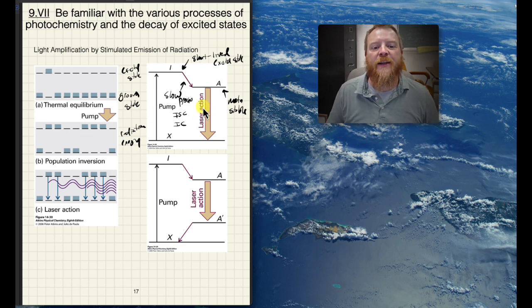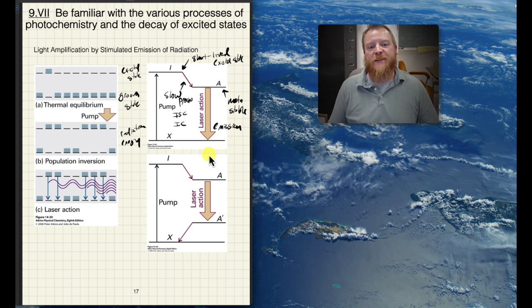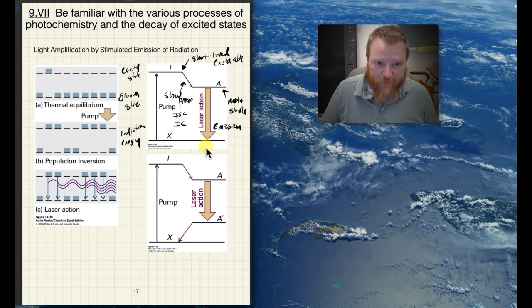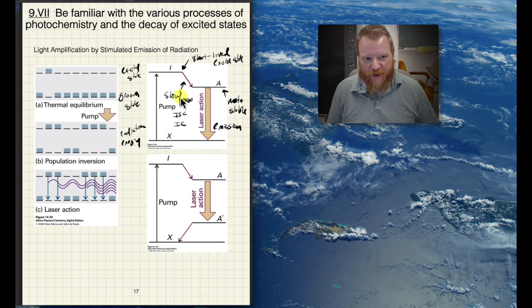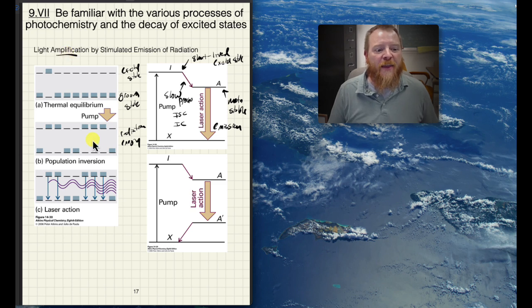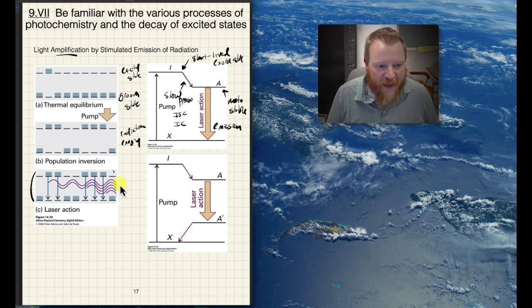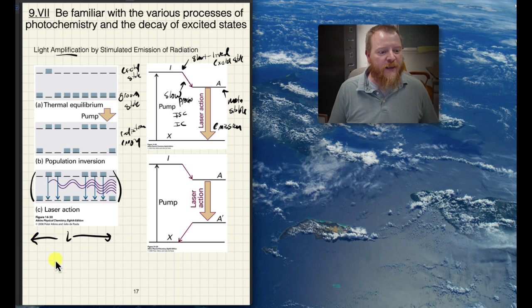And then finally, they'll go to some state in which emission of light is the most likely process, which is very quick. Because we've put in this lag, because we've pumped a bunch of molecules up into this excited state, we will get a lot of light being emitted. To further amplify that light, this is typically done in some type of cavity where the length of the cavity is directly proportional to the wavelength of light emitted.